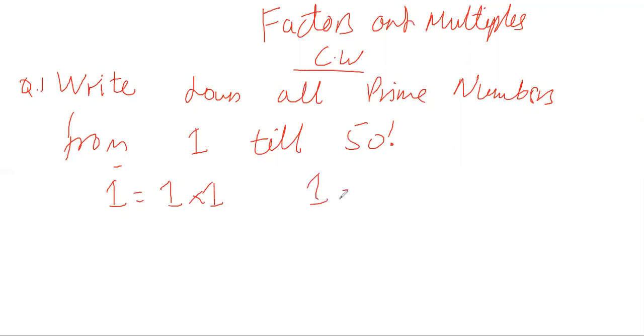So one has only one factor, which is 1. Now, what is the definition of prime numbers? Prime numbers are those numbers which have two different factors, one and itself. But one has only one factor, right? So one is not a prime number.